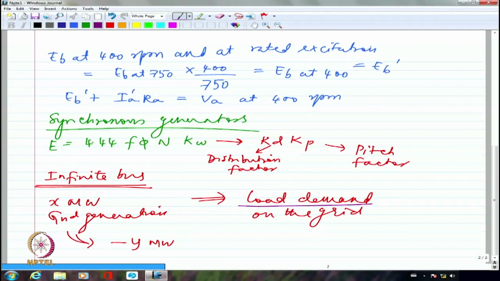If there is a power imbalance between generation and load, I'm going to have the speed either increasing enormously or decreasing enormously.